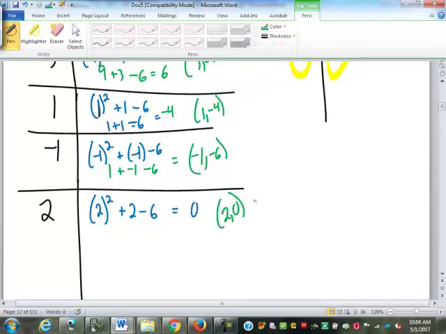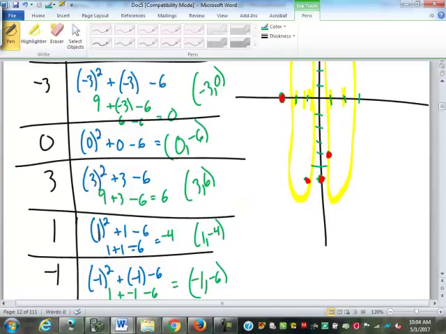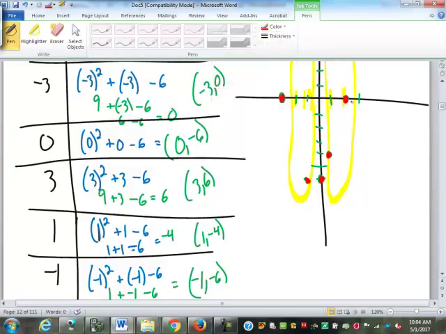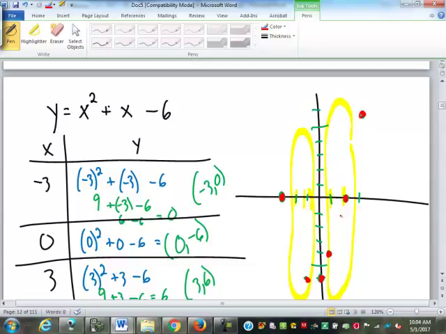So (2, 0), and I plot that point right there. If I kept going, I could find -2 would be (-2, 4) somewhere in here. Now I've got a pretty good idea that this graph looks something like this. I can sketch it in.